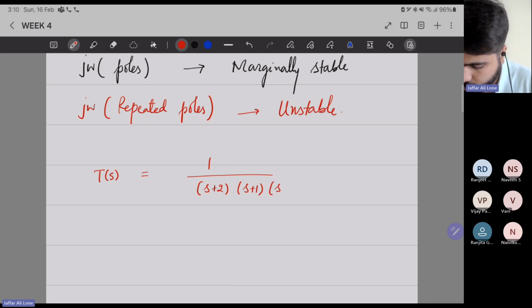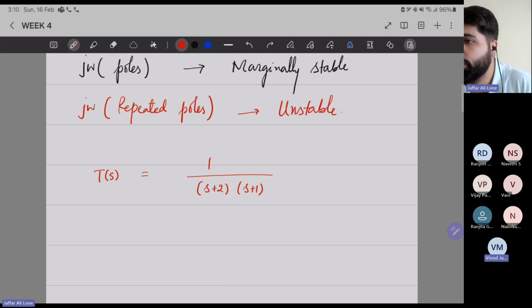If this is the closed loop transfer function, then this is the characteristic equation. You can easily say my poles are at s equal to -2 and s equal to -1. Then easily you can say my system is stable, right?